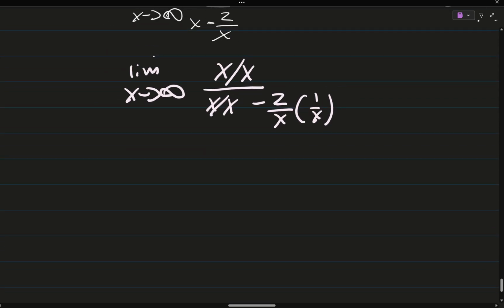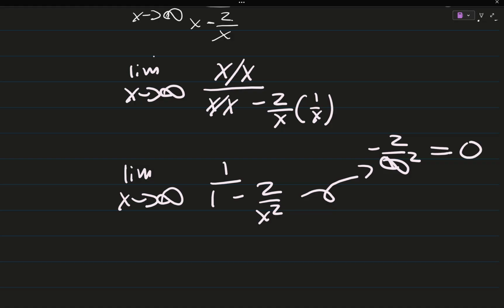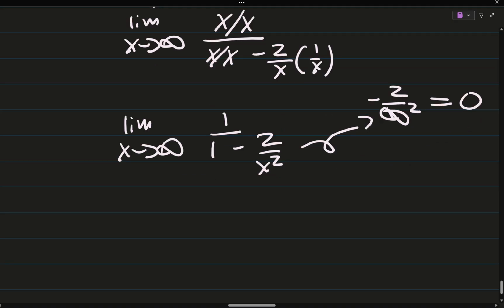This will now leave us with 1 over 1 minus 2 over x squared. Applying our limit, negative 2 over x squared as x goes to positive infinity is equal to 0. So now we have 1 over 1, which is 1.